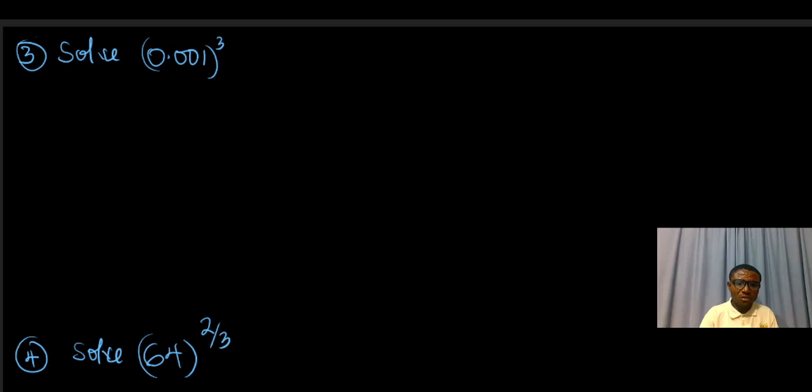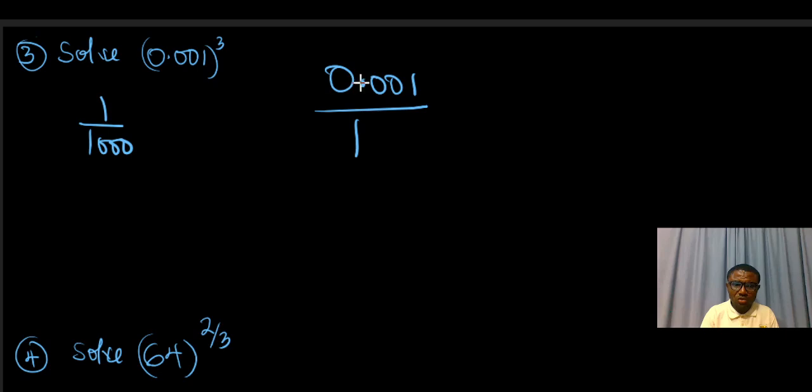So for the next one, number 3, we are asked to solve this. We can rewrite this as 1 over 1000. What you do is to rewrite this as 1 over 1000: you have 0.001 divided by 1.